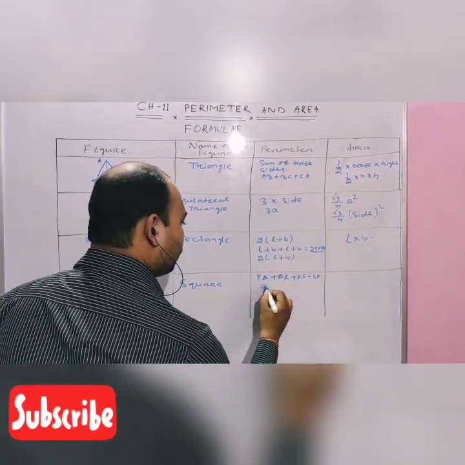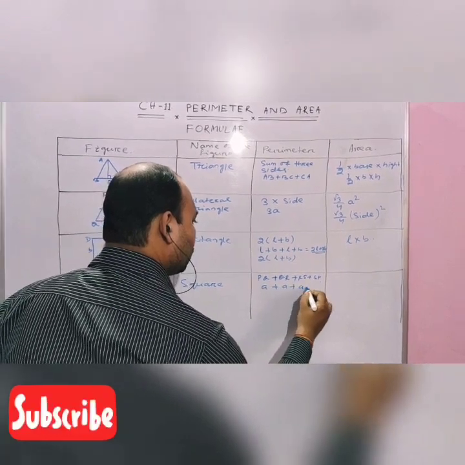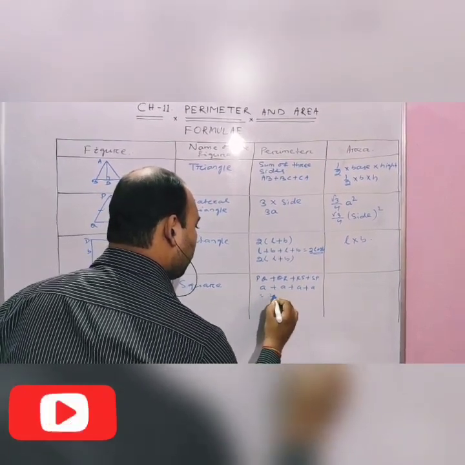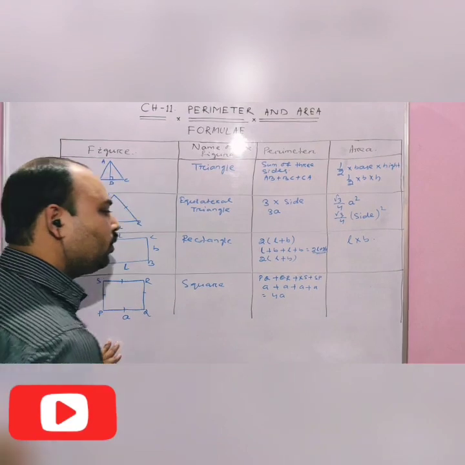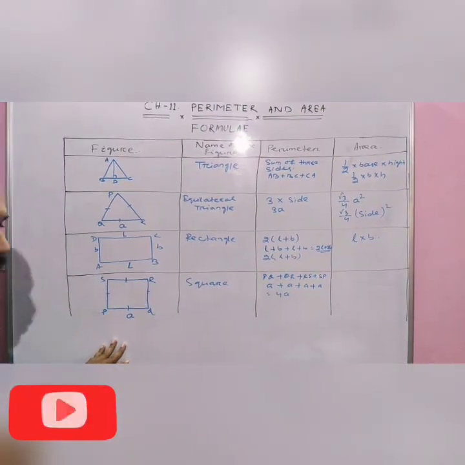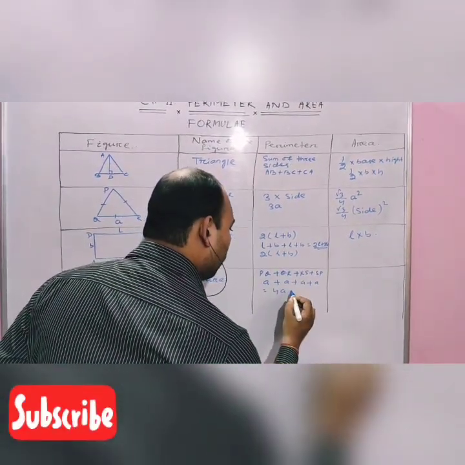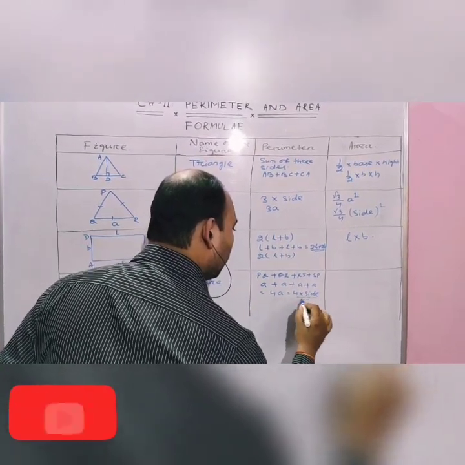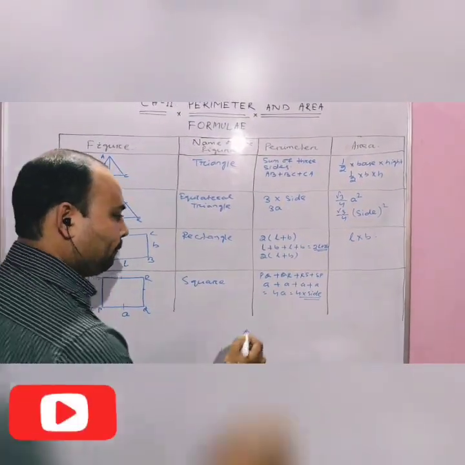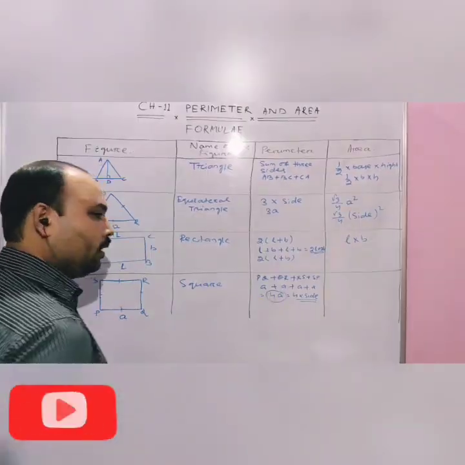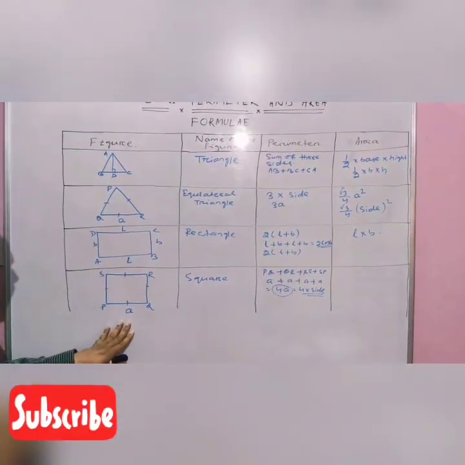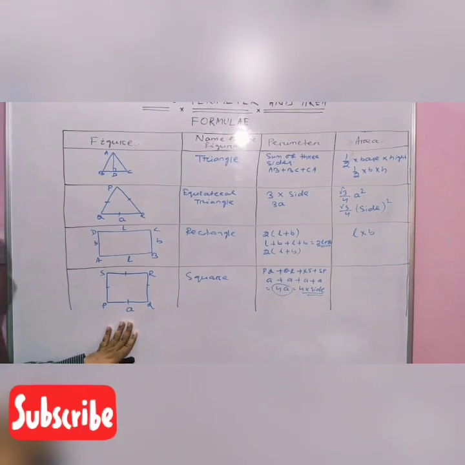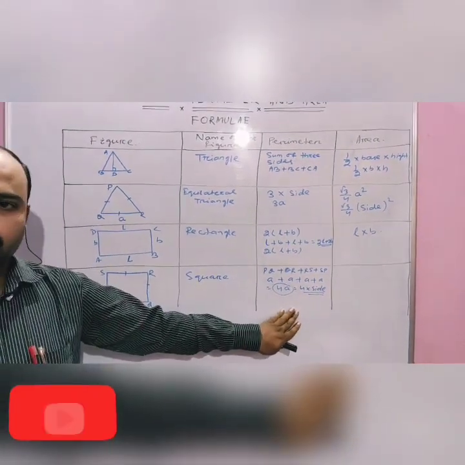All are A, so A plus A plus A plus A, which means 4A. 4A means 4 into side. When we multiply 4 with the side of the square, we get the perimeter.